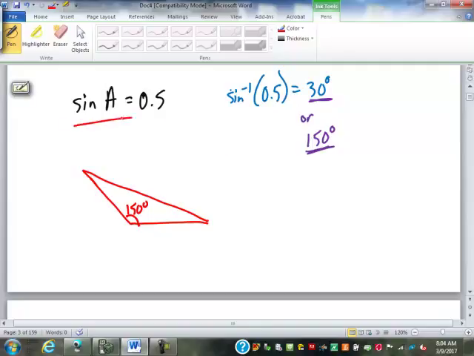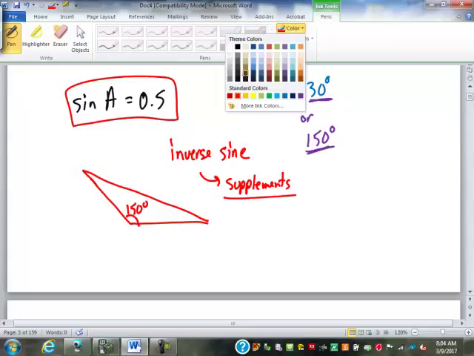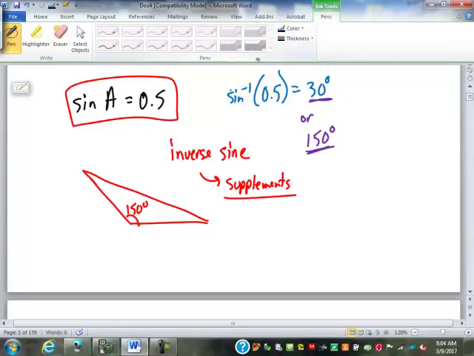When we're dealing with an inverse sine, there are always two possible angles, and they are supplements. If you don't have a picture, there should be some information in the problem that indicates it's either an acute or obtuse angle. Obviously, the 150 is an obtuse angle, the 30 is an acute angle. If not, list the smallest one. So just list the 30.